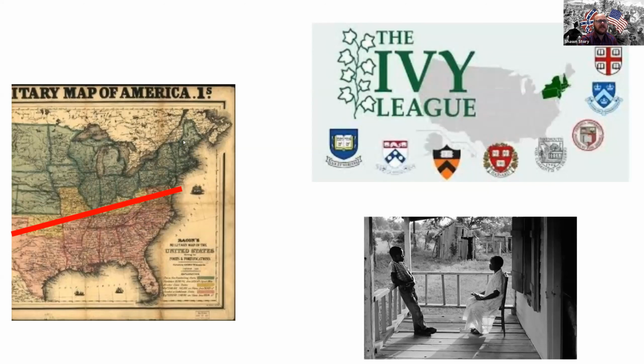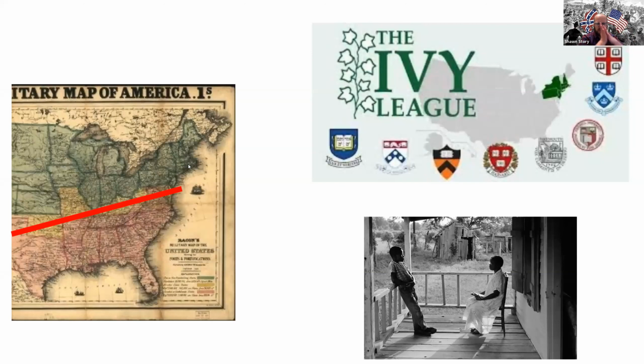So it is this idea of the North really considering themselves, we're smarter than you. We have Harvard and we have Yale and we have Columbia and Brown and we have these universities, and we're well educated and we're diverse and we understand international politics so much better than you ignorant country bumpkins.